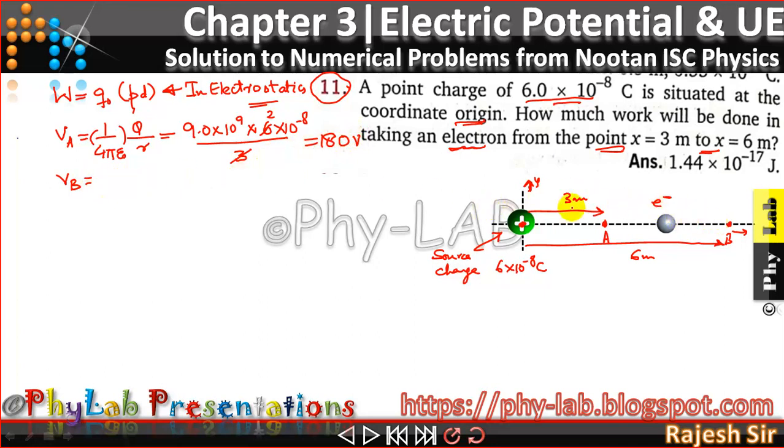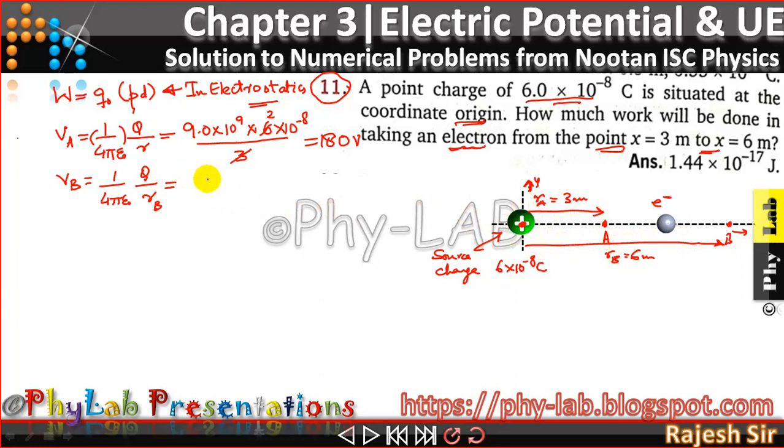Now what will be the potential at point B? That will be equals to 1 upon 4 pi epsilon naught magnitude of charge Q. Which magnitude? Magnitude of the source charge Q, and the distance from source charge to the point B. Let me call that distance as RB, and let's say this distance as RA. Okay, friends. So for simplification, I am writing this distance from the source charge to point A as RA, and the distance from source charge to point B as RB.